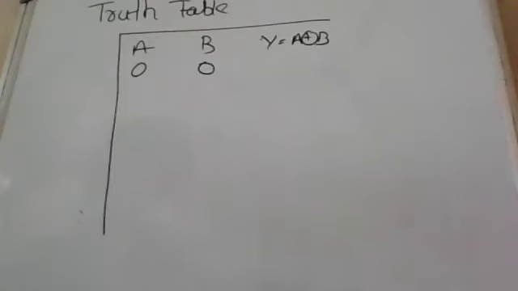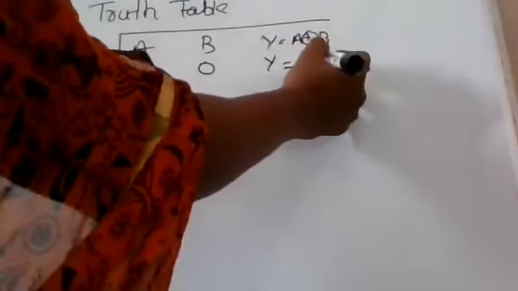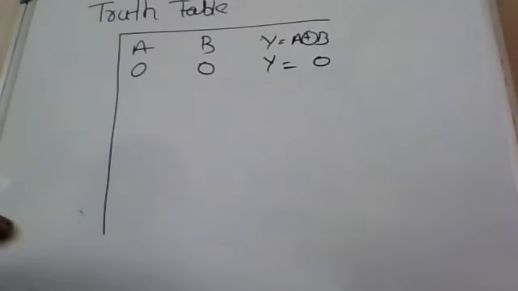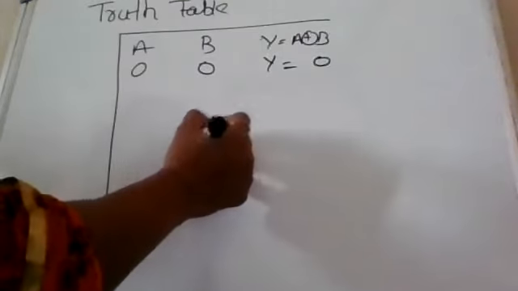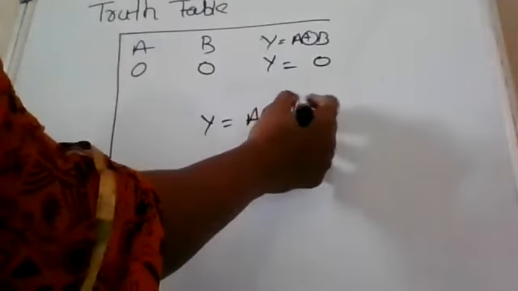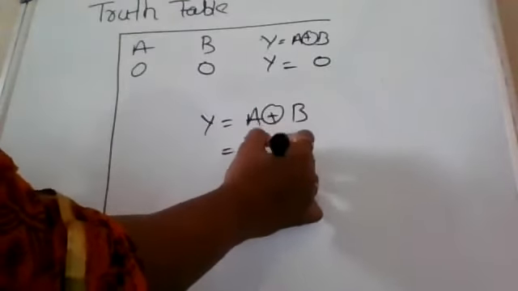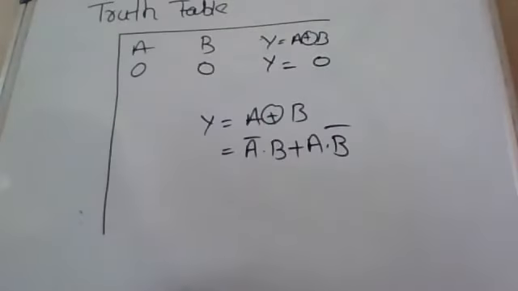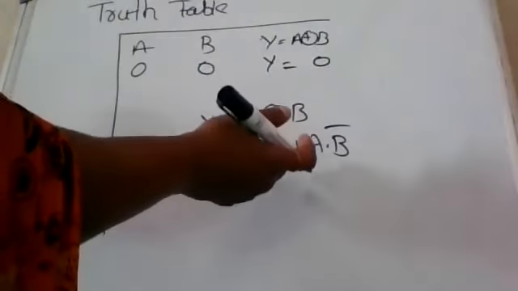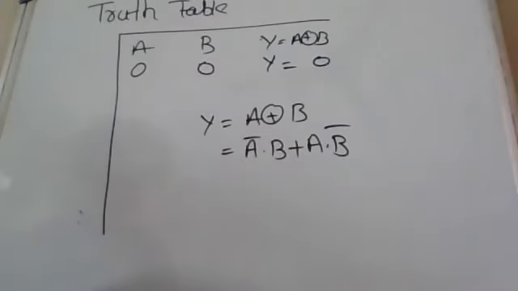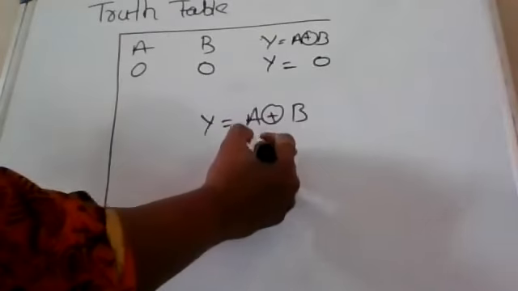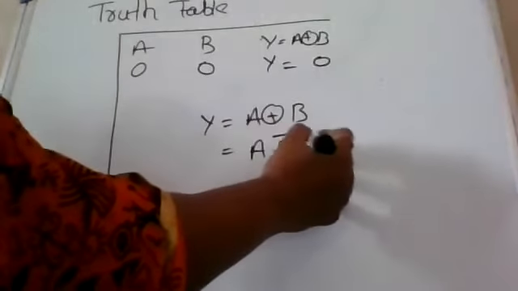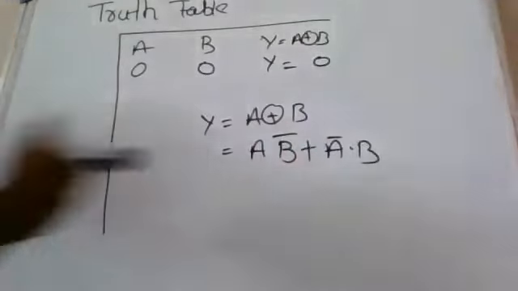Both the inputs are in 0, 0 condition. So Y equal to we get 0. Y equal to A exclusive operation B, that means A complement dot B plus A dot B complement. This also we can write A dot B complement plus A complement dot B.